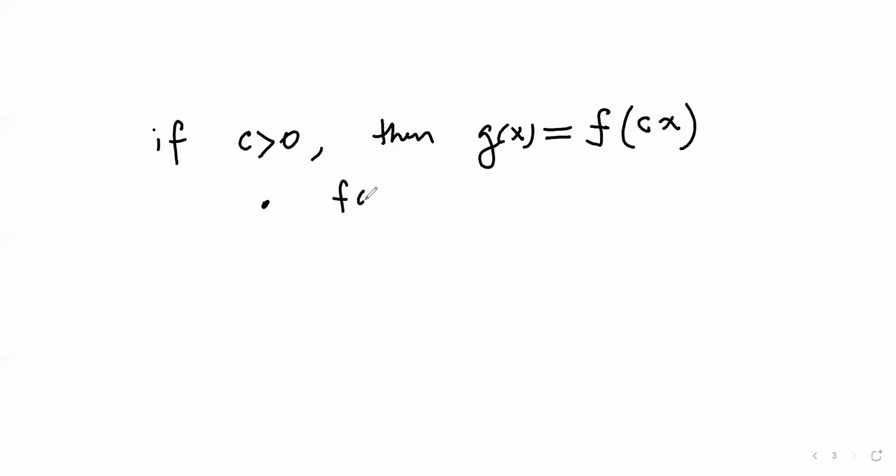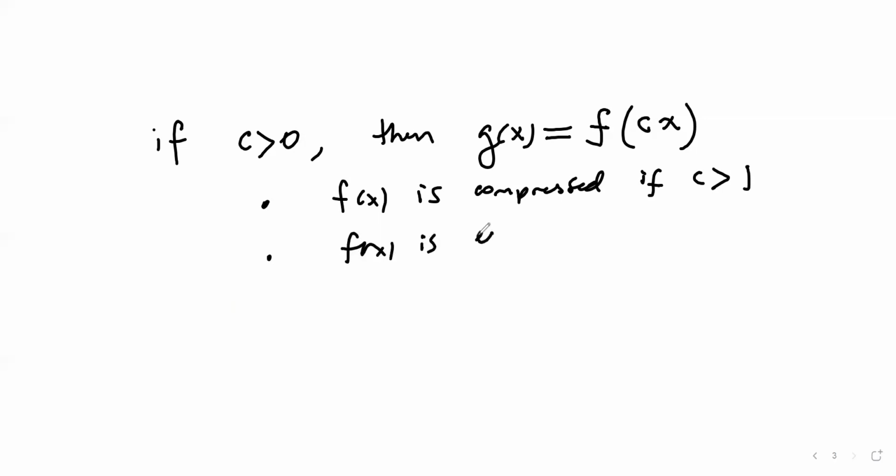So the function f of x is compressed if c is bigger than 1. Remember, in the vertical case, this was expansion, so now it's compression. The second case: f of x is expanded if c is between 0 and 1.